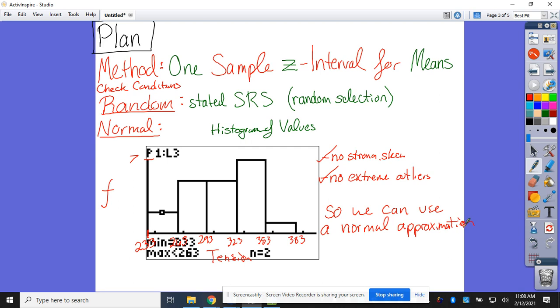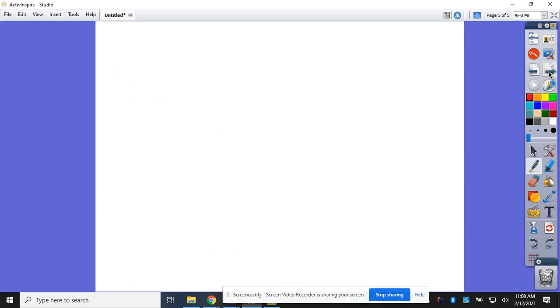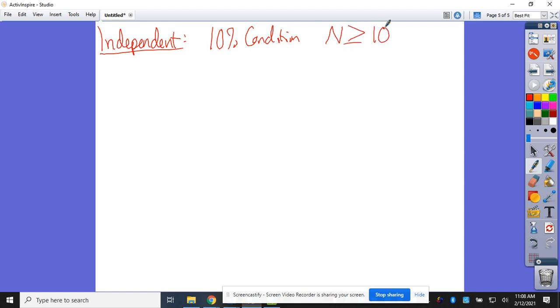Alright, I'm still in plan with my next condition. And what do I check in my independent condition? And what is the 10% condition? Which one do I know?